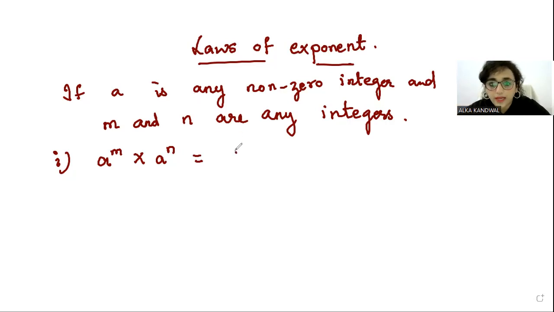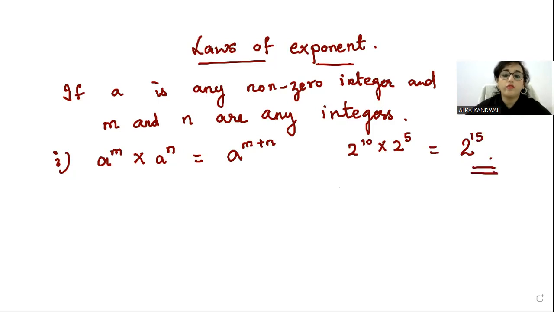So when you multiply, we can just take the base and then add the exponents. Does it make sense? अगर मैंने बोला 2 to the power of 10 multiplied by 2 to the power of 5, तो आंसर क्या होगा? बेस तो 2 ही रहेगा, and add the exponent 10 plus 5, that is 15. So the answer will be 2 to the power of 15.